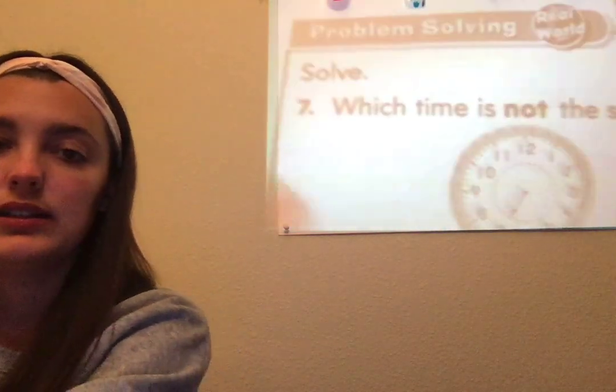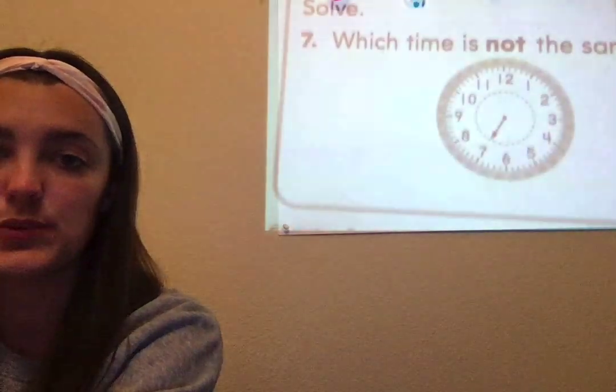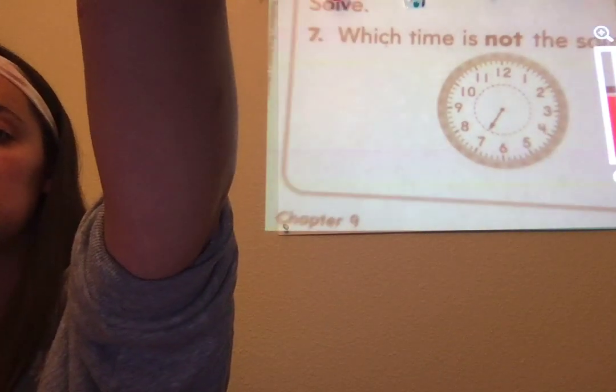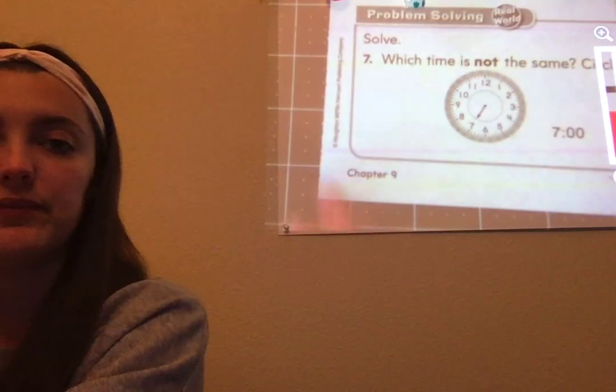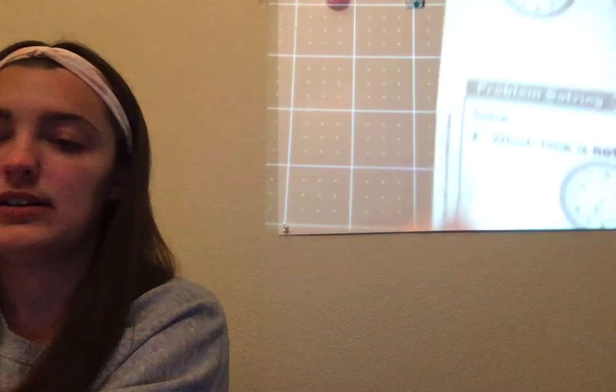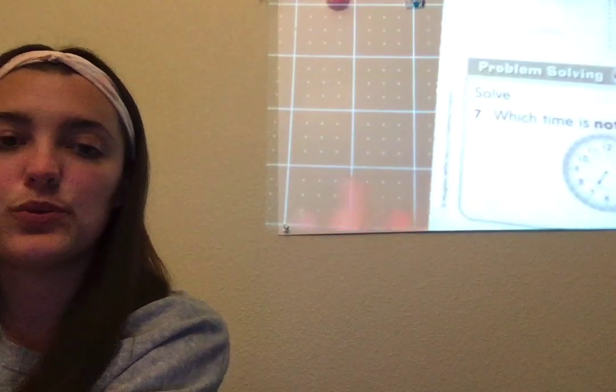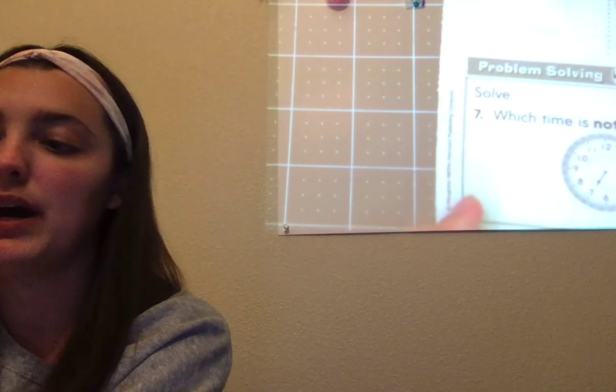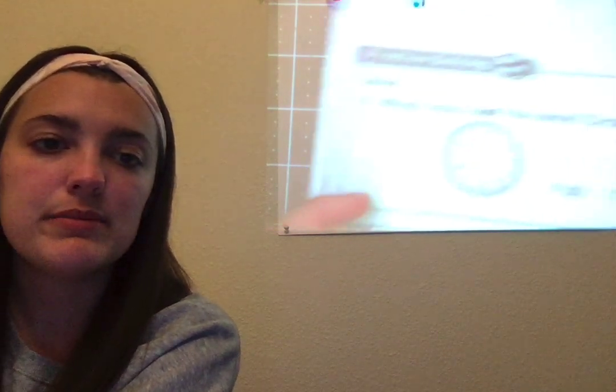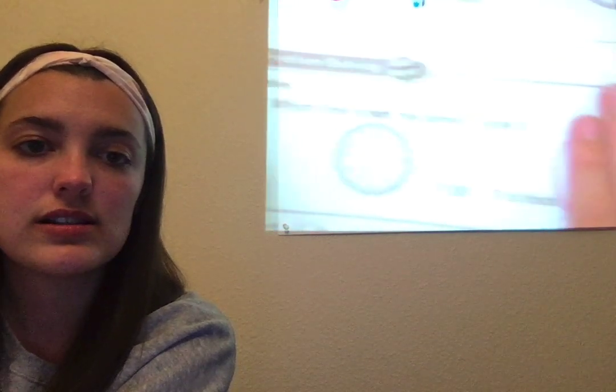And then at the very bottom, this one is kind of a challenge one. This one you can do if you want to. Okay, so this one says which one is not the same. At the bottom, the one in the box says which one is not the same. And it gives you some times and it gives you some clocks.